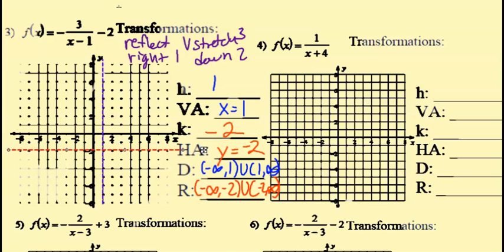Now notice that there was a reflection. That's actually going to change where the curves are. So instead of quadrants 1 and 3, it's now going to be in quadrants 2 and 4. And again, you can plot some points to make sure of that. You can also graph this on Desmos or your TI Inspire.